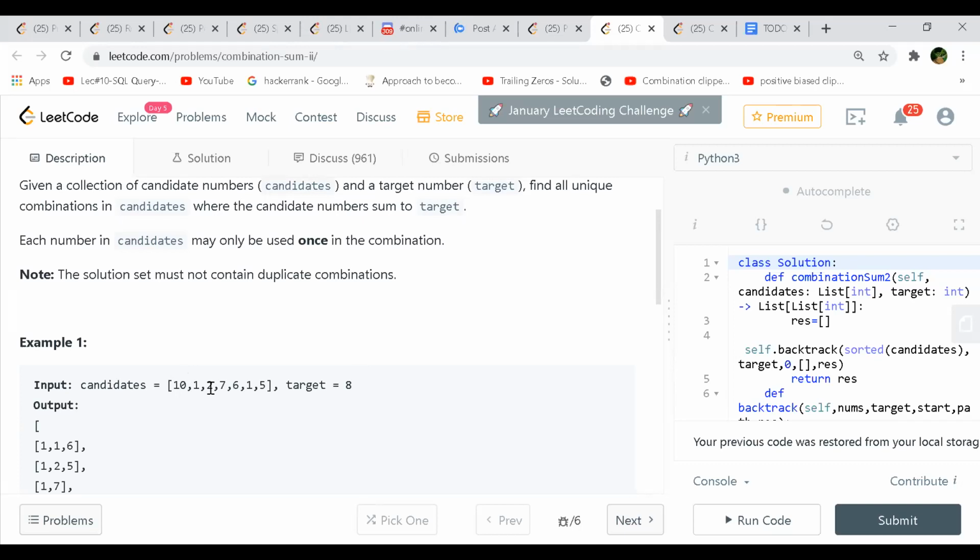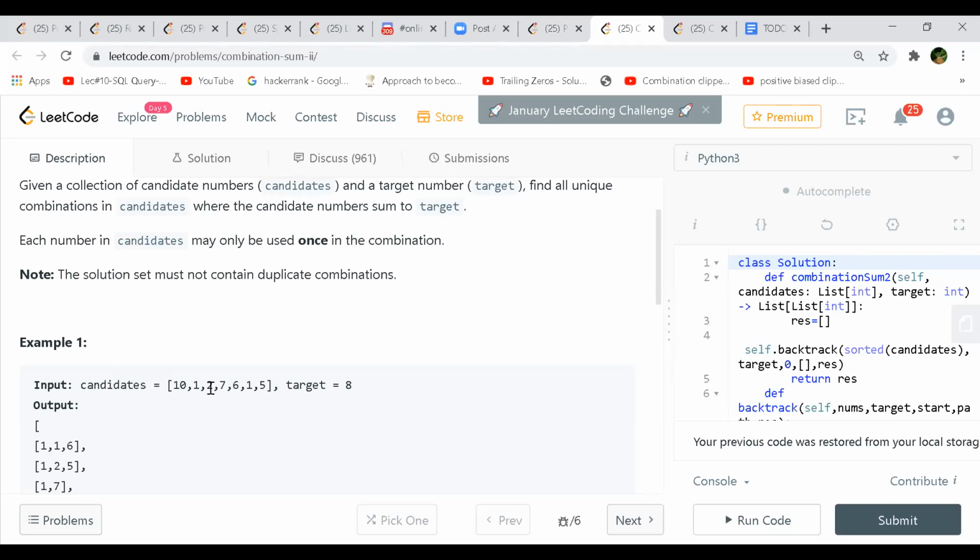So you can use any number in the candidates any number of times in the previous one, and in this case you cannot. But duplicates are not allowed there either, right? The combination should not be duplicate.